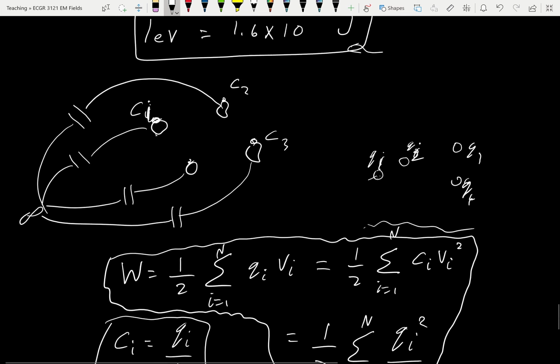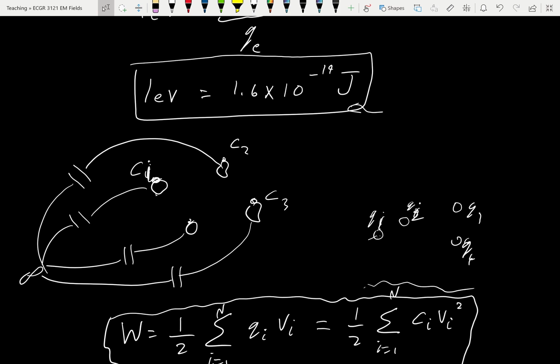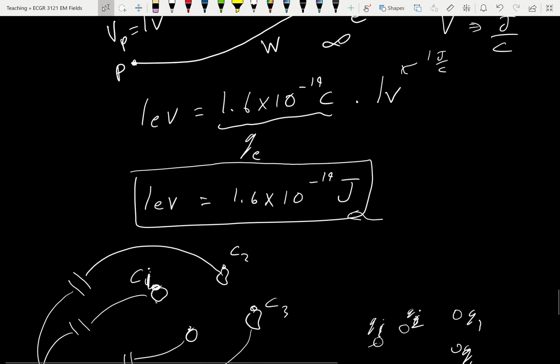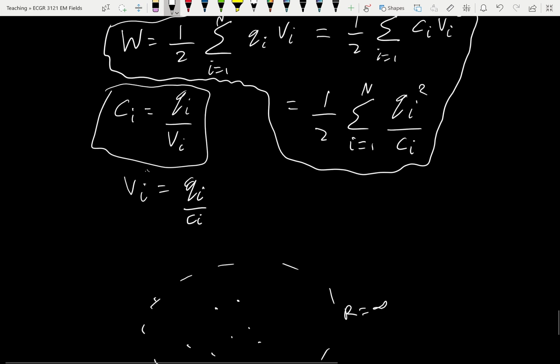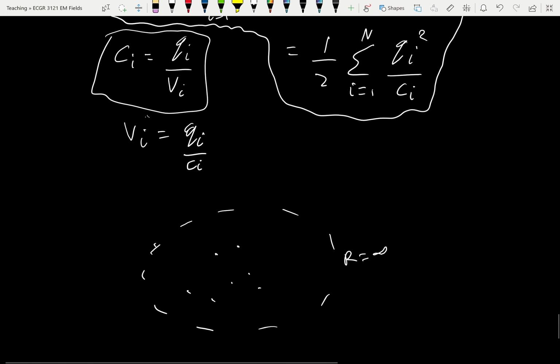Okay, those work for discrete charges, right? So let's say I have this space, and this is r equals infinity, and I have a discrete bunch of charges. So if I have 100 charges, I can use this formula to calculate the energy in the system. What if I have a charge distribution?